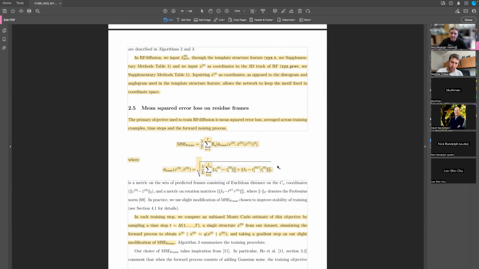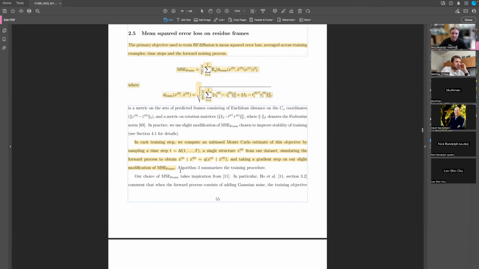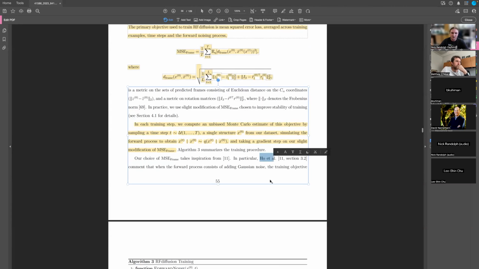This is where the main difference comes from, besides using a pre-trained structure prediction network for diffusion, and also architecture. But this loss function is not super grounded in theory. It does have some justification that they explain a little bit down here.